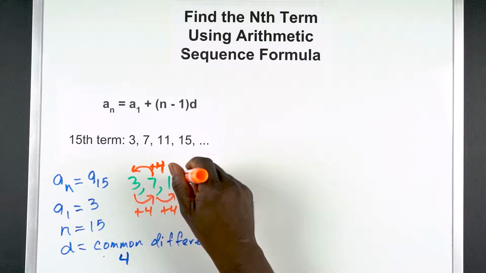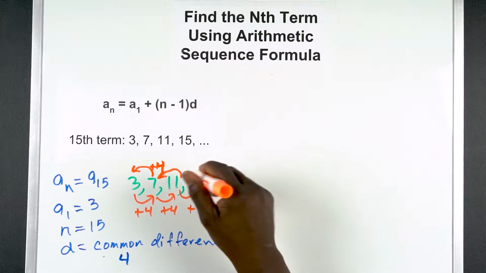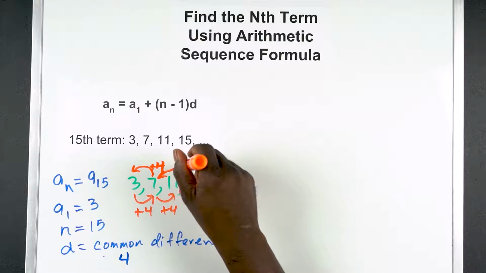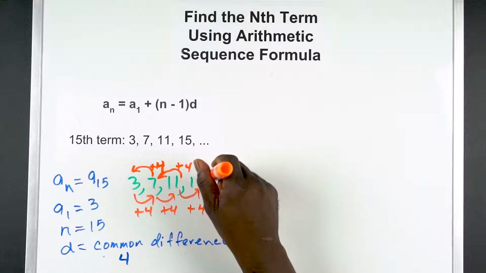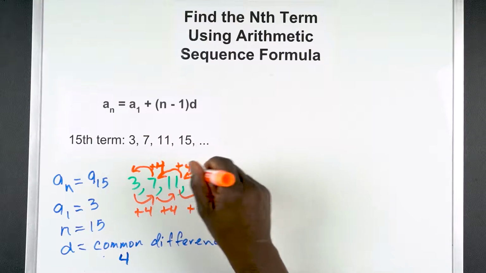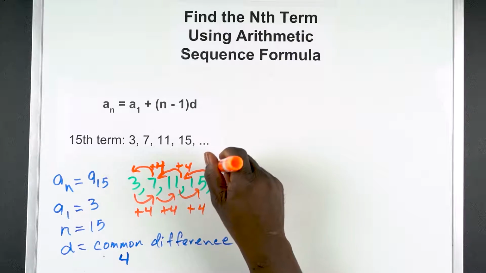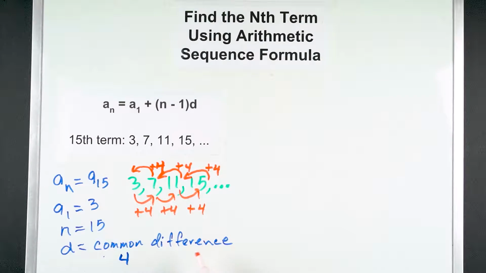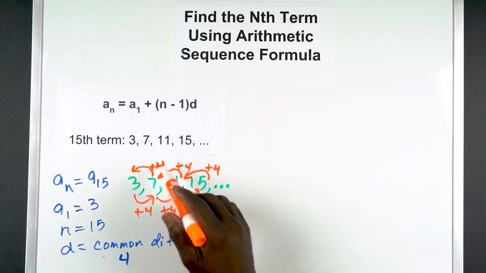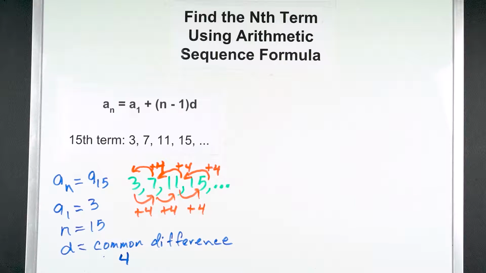And then 11 minus 7 is going to give us a positive 4 again. 15 minus 11 is going to give us a positive 4. It doesn't matter which method you use, whether you do what I did above or below the sequence, just as long as you find the common difference. You can do both methods just to check that you have the correct common difference.